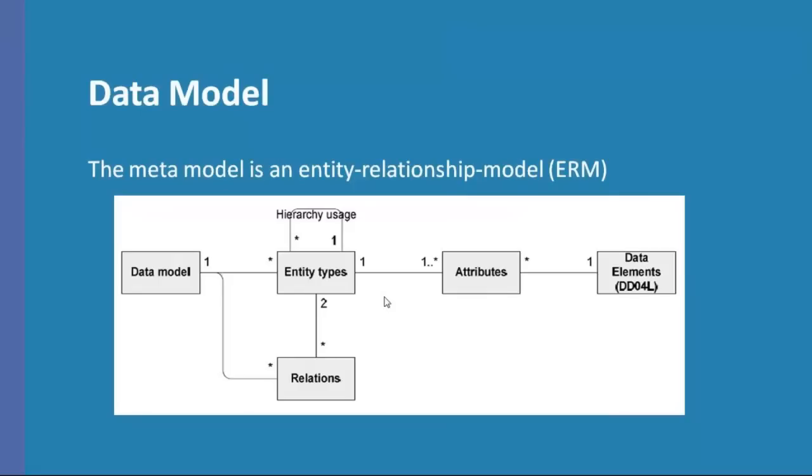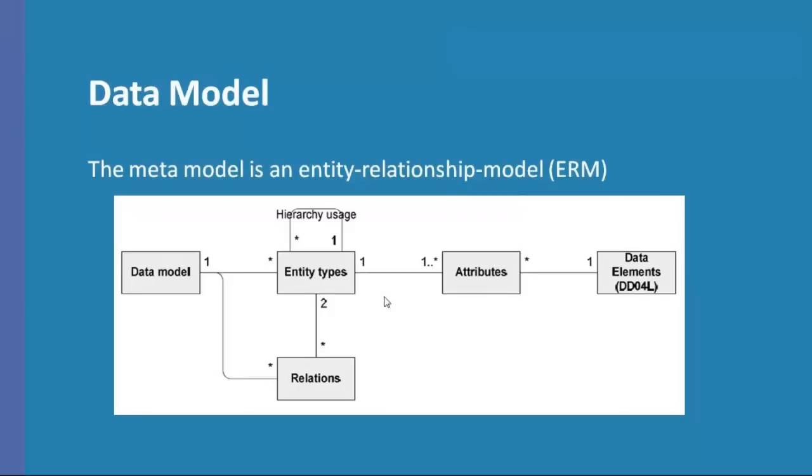For example, material purchase. If it is an entity type, then whatever attributes I have inside that entity type will all be related to the material purchase.